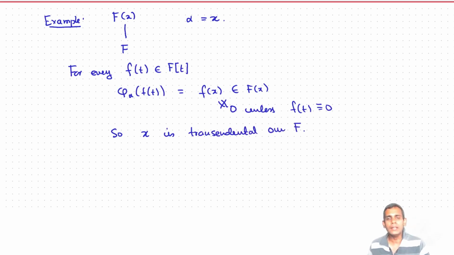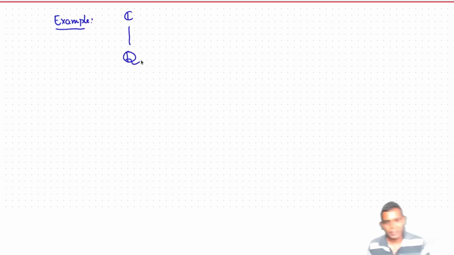Okay, now let's come to a slightly more interesting and in some sense still very active area of inquiry, an example, which is to look at complex numbers over rational numbers. And we ask, can we find transcendental numbers? Here, are there complex numbers which are not algebraic?